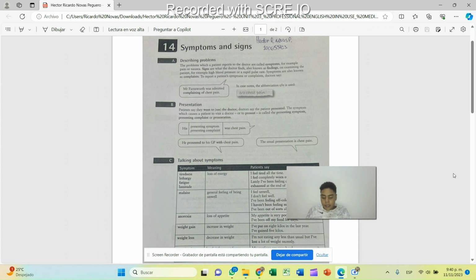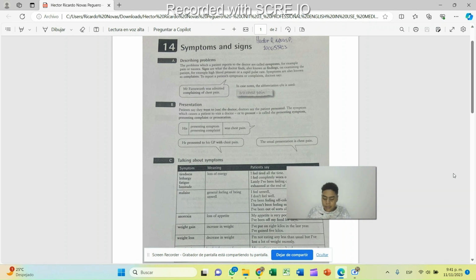Patients say they went to see the doctor. Doctors say the patient presented. The symptom which causes a patient to visit a doctor, or to present, is called the presenting symptom, presenting complaint, or presentation.